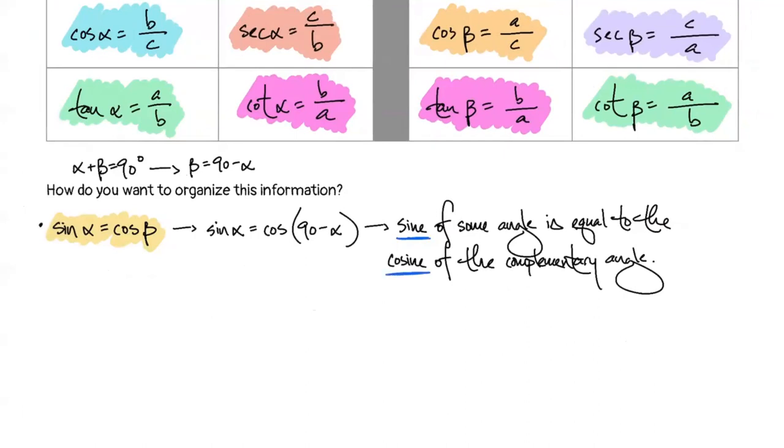Sine and cosine are co-functions. That means sine of some angle, alpha, is equal to the cosine of the complementary angle, or like the angle that I add to alpha to get 90.